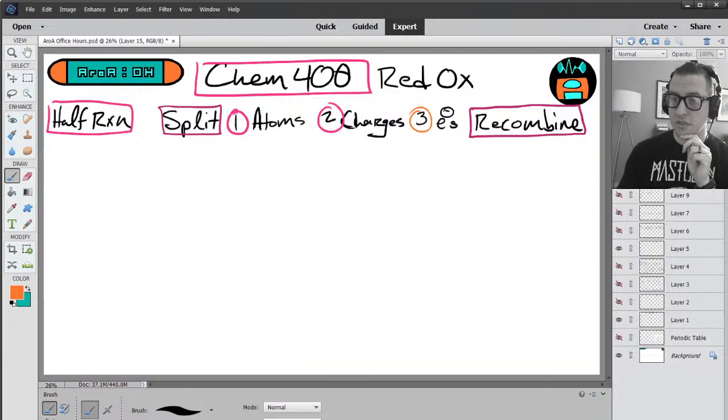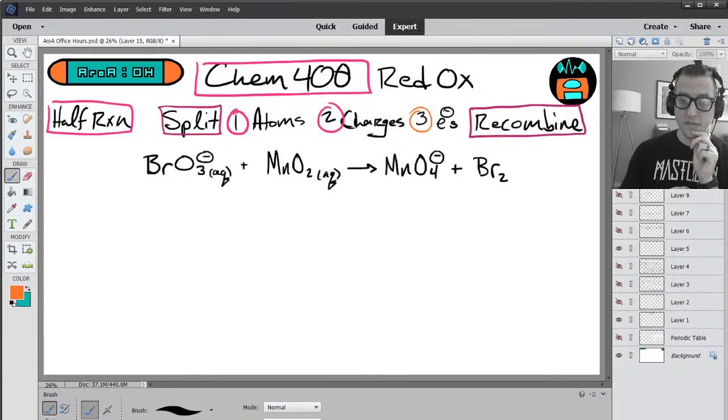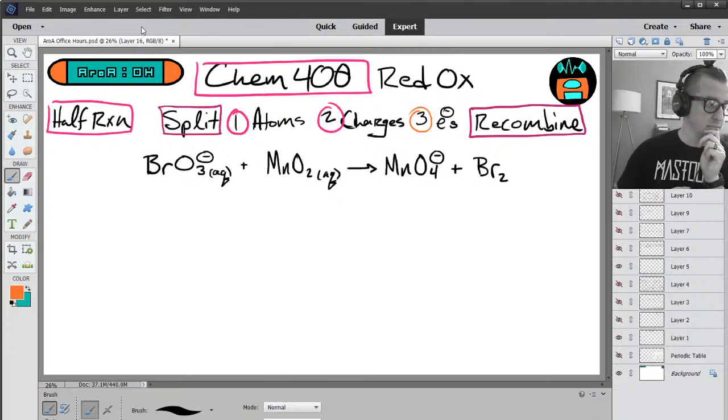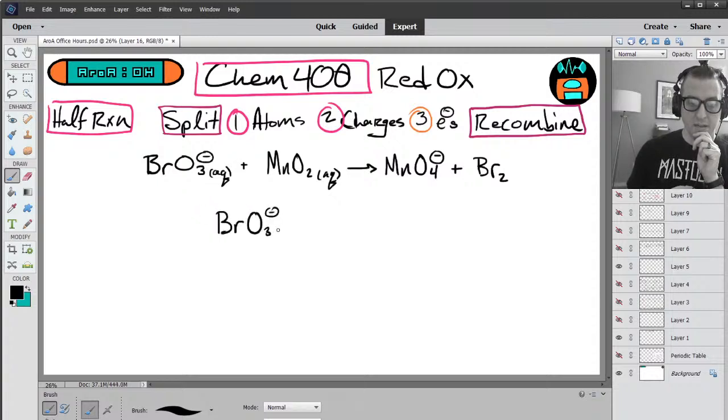Let's take a look at our bromine half reaction. So our bromine half reaction is going to be BrO3 bromate becoming bromine.